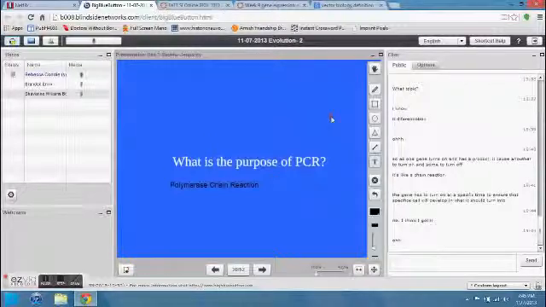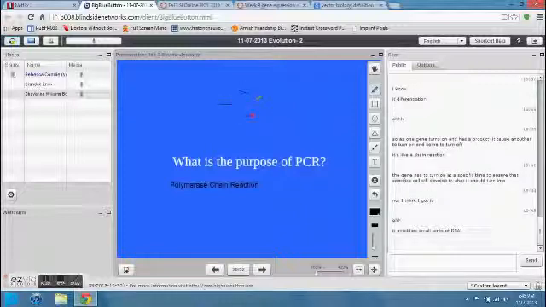The picture on the slide looks kind of like a bracket. Exactly, Shivani. It amplifies small amounts of DNA.